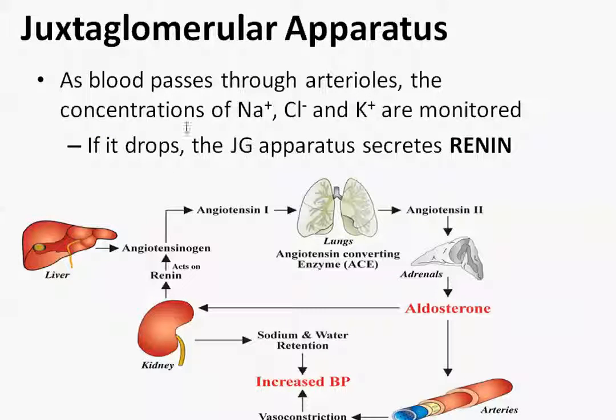So again, picking up low levels in the blood is going to stimulate it to secrete renin. Here's the kind of diagram that is also very similar in your book, and I've also given you the video for the Australian notes of these things. So instead of me taking time in this video repeating, here's the diagram that shows you where everything's coming from, the conversion of angiotensin 1 and 2.